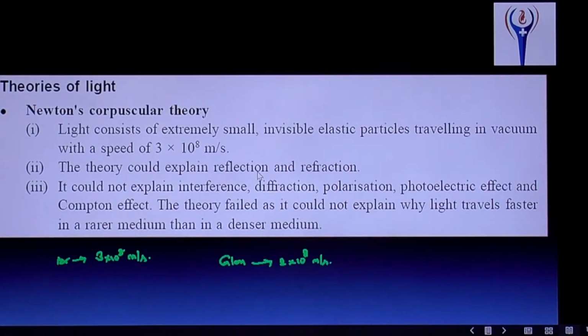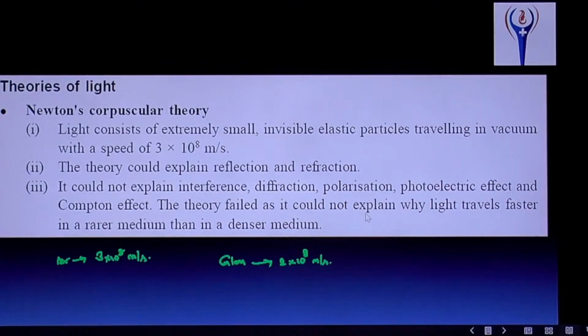It explains the light that undergoes reflection, also refraction, but could not explain interference. That also is an important property. Diffraction, not able to explain. Polarization, not explained by this theory. Photoelectric effect, not explained. Compton effect, these and all not explained by this theory.